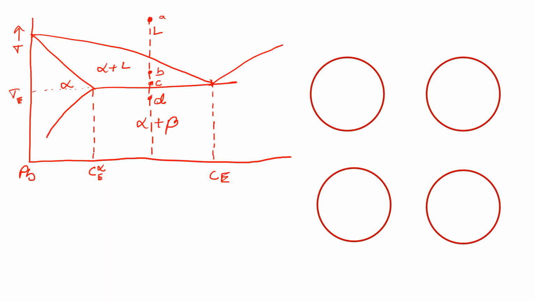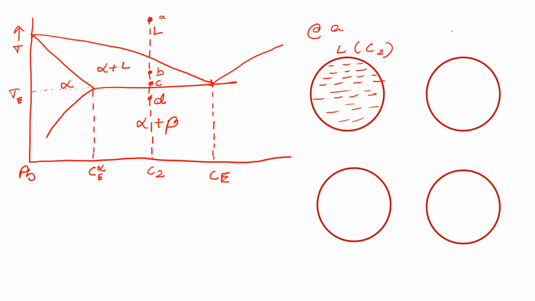Okay, so let's start again with point A. So we'll be having 100%, and this is the composition, let's say C2, and this will be completely liquid, molten state. So it is liquid of composition C2. Okay. And then we go on cooling it.